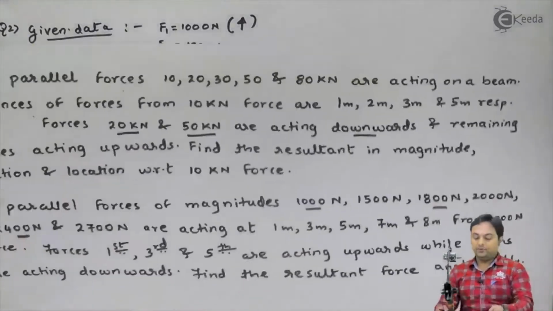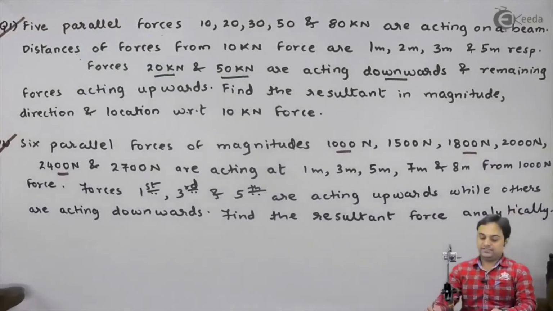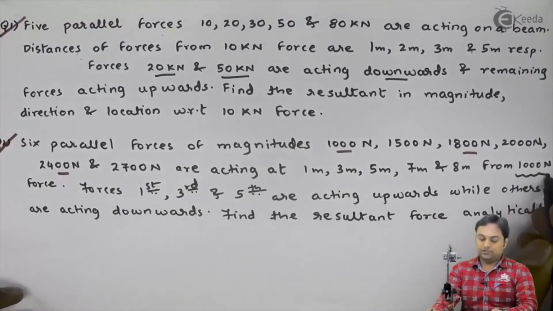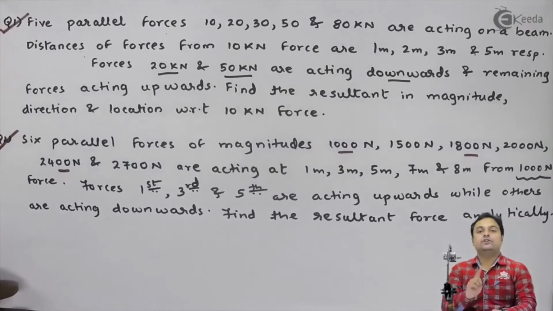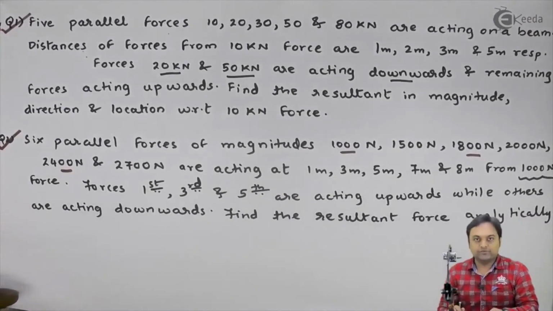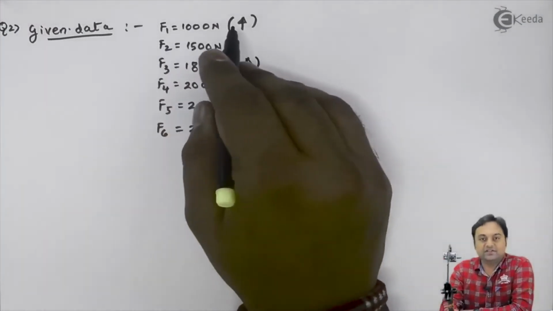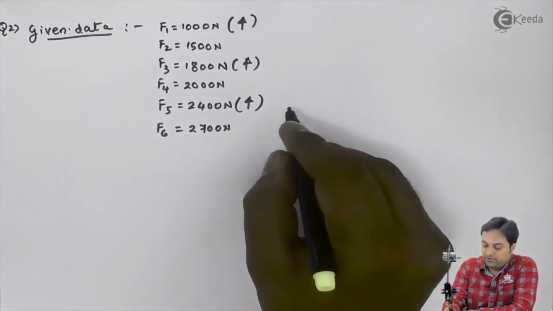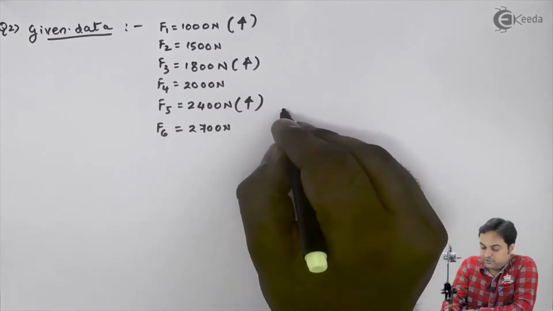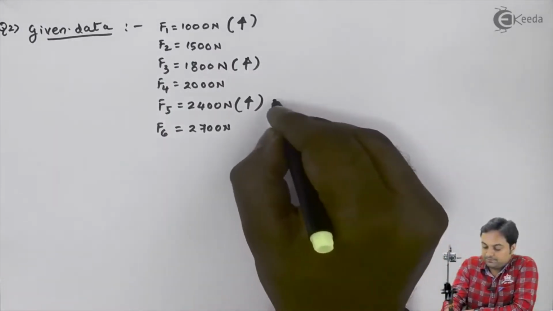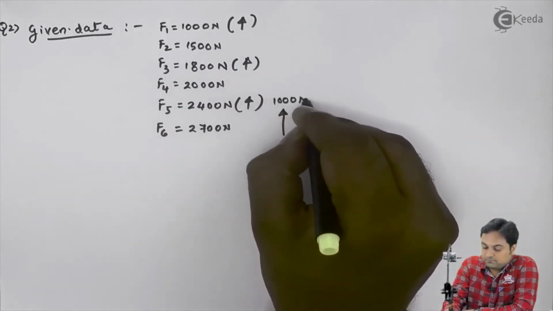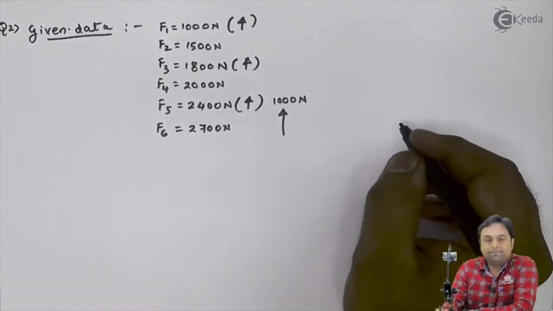Then they had even provided the distances, and distances are from 1000 Newton force. So first I will be marking 1000 Newton force, as given in the question, acting upward.